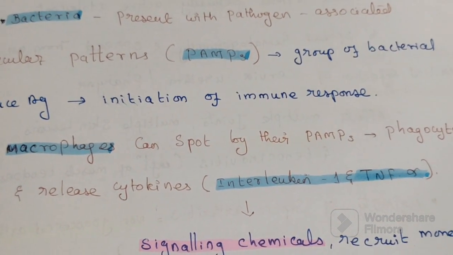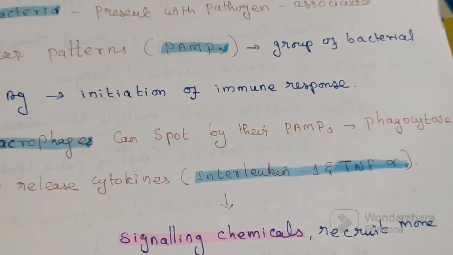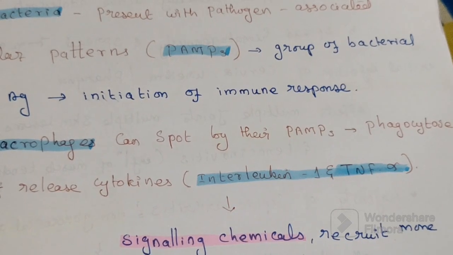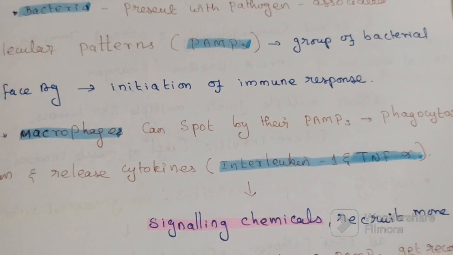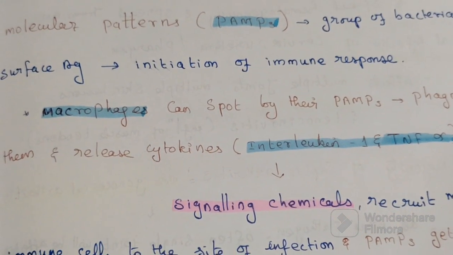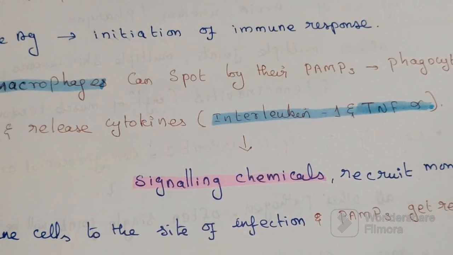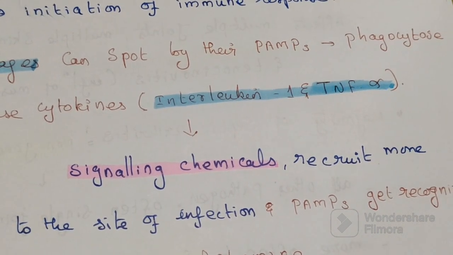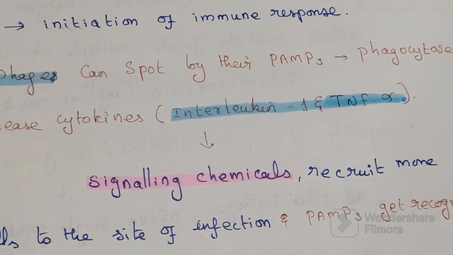Macrophages can spot bacteria by their PAMPs. They phagocytose them and at the same time release cytokines such as interleukin 1 and tumor necrosis factor alpha.